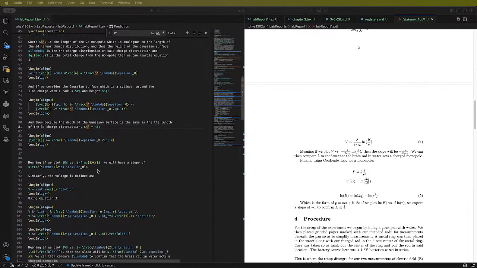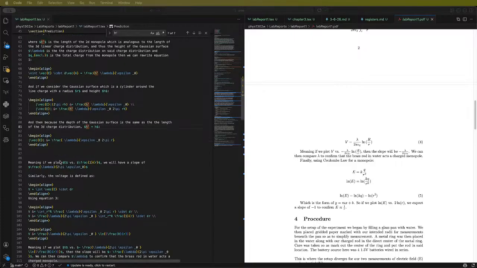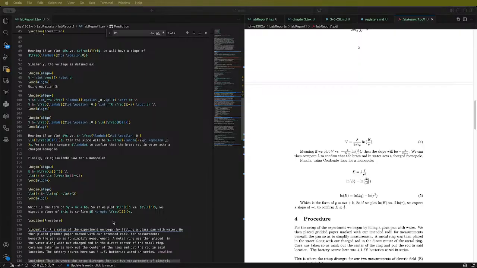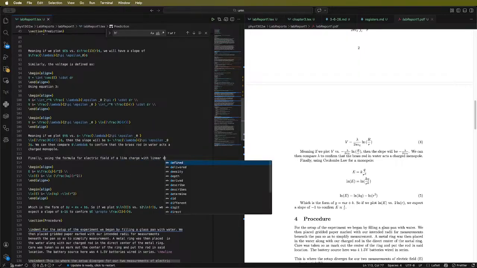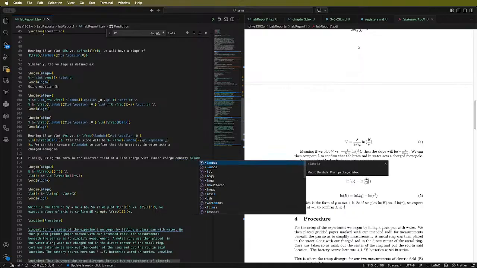I don't know if there's a better way to do it, but there definitely is a better way. Using the formula for electric field of a line charge with linear charge density lambda.